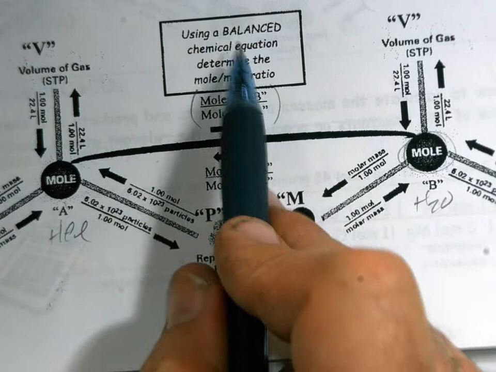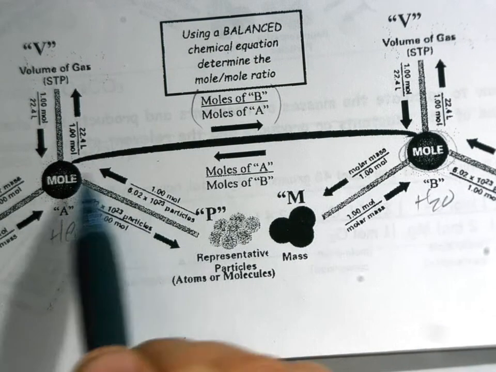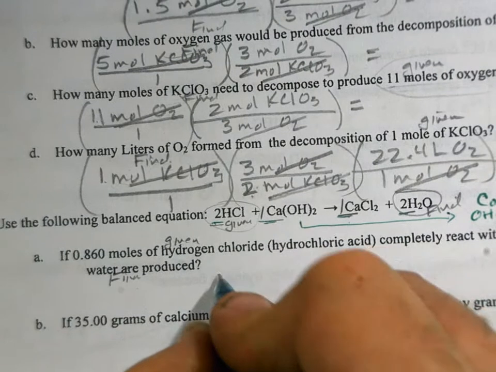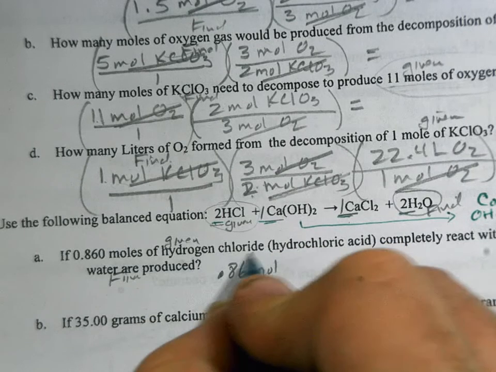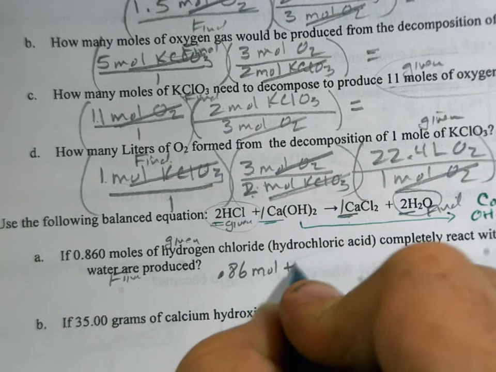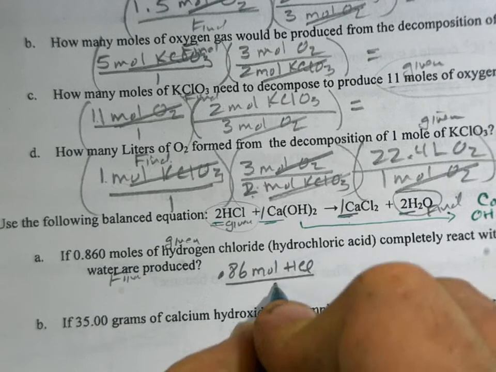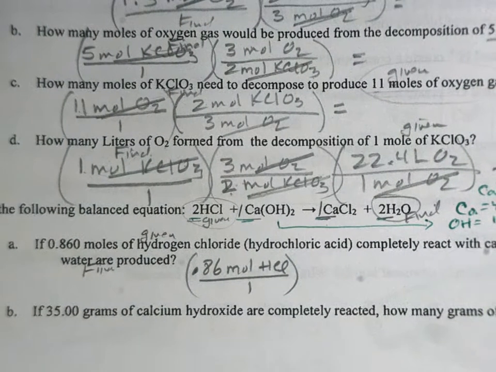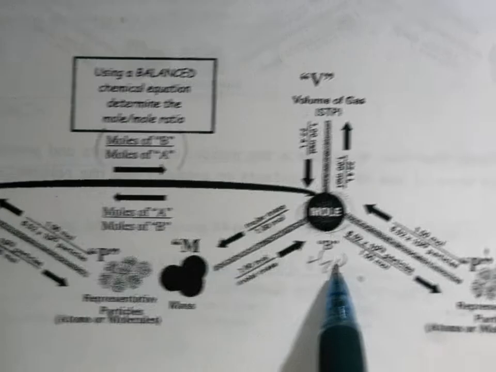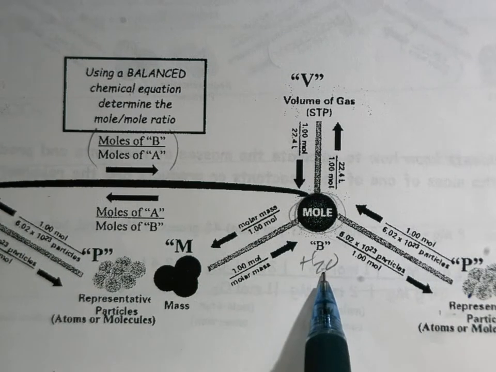And remember, you always look at the balanced equation for that. So we're going to put the given from the problem, 0.86 moles of hydrogen chloride, HCl, over 1. Now we've got to multiply it by the mole-to-mole ratio. So we want moles of compound B, the one we're trying to find, which is moles of water.